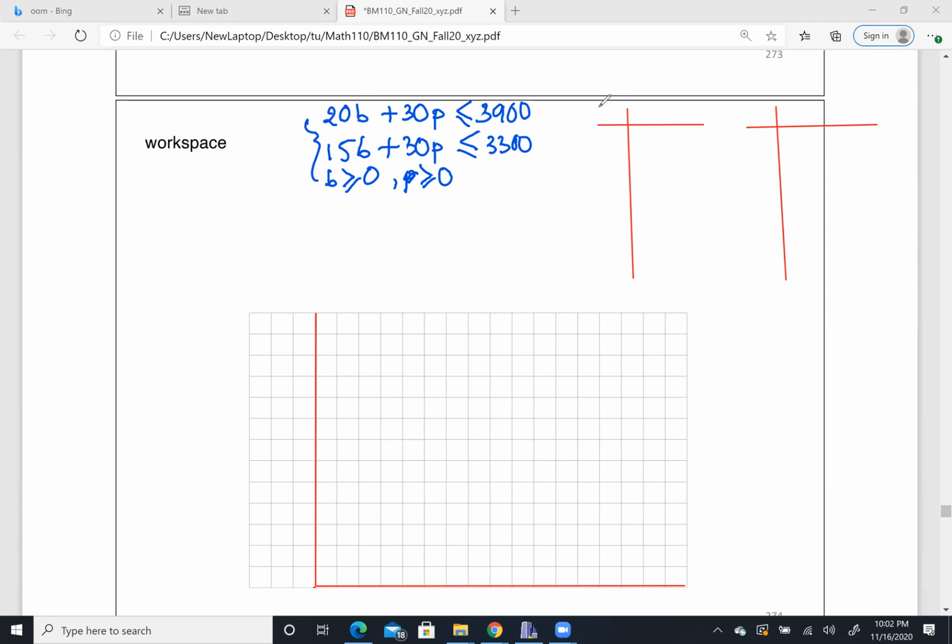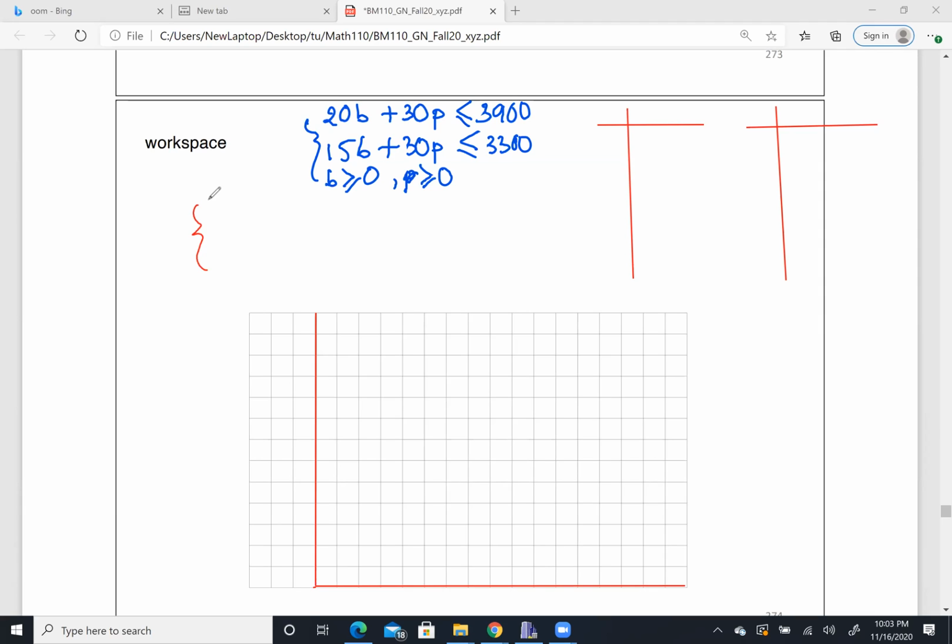So first one is for B. Oh wait, I have to change it to the slope intercept form. So let's isolate B first.